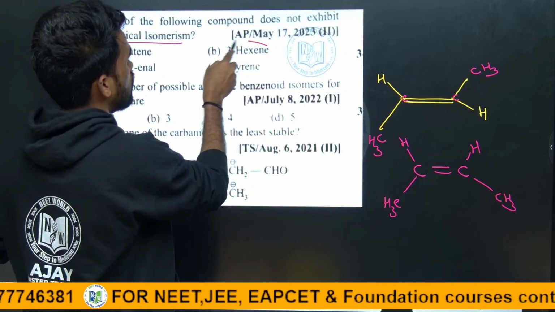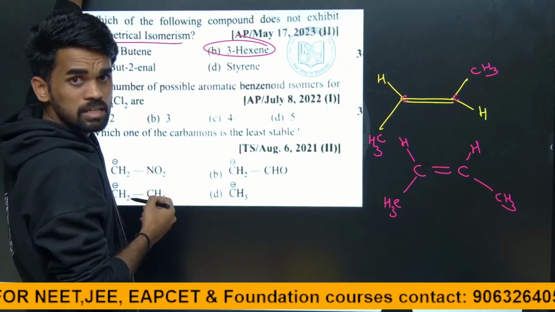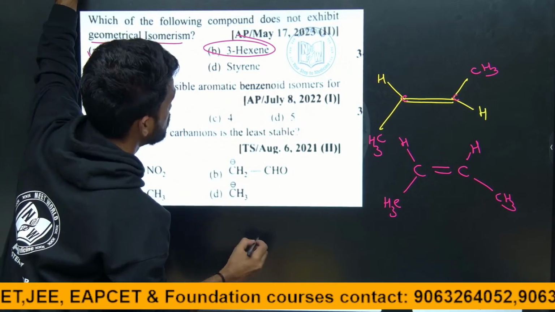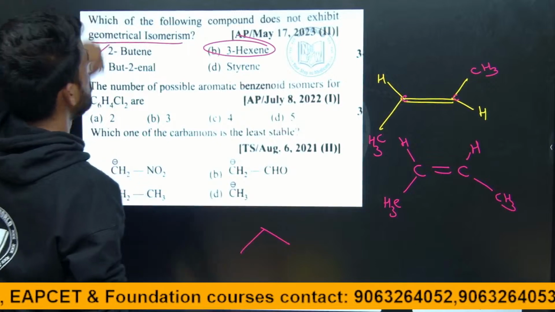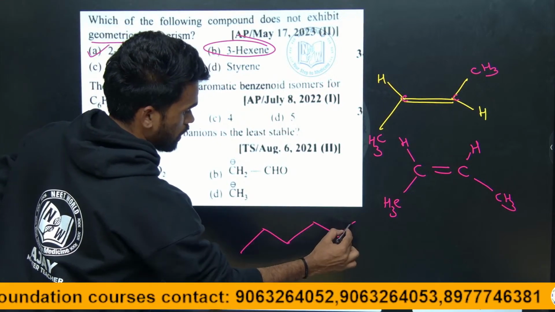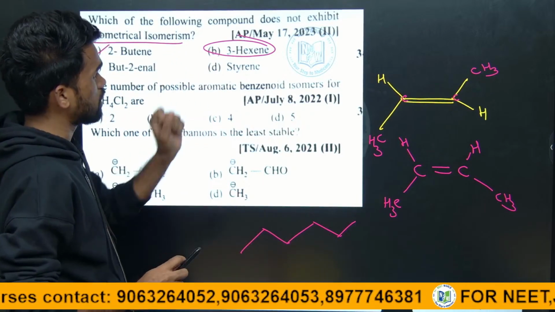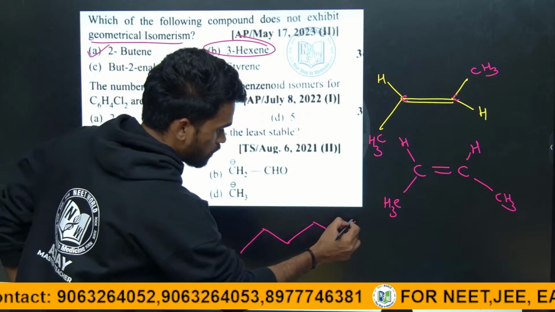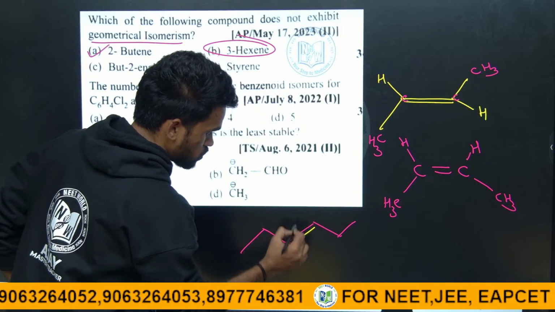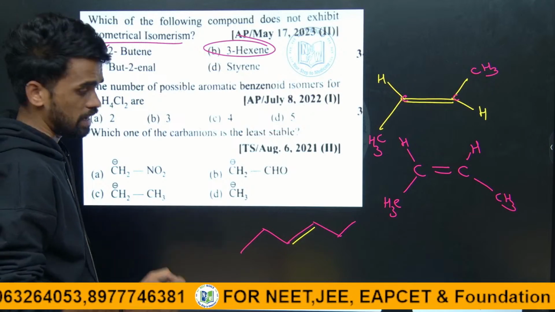What about option B here? So how can we write? 1, 2, 3, 4, 5, 6, hexane it is. He is saying about 3-hexene. 1, 2, 3 if I write, so this will be hex-3-ene.